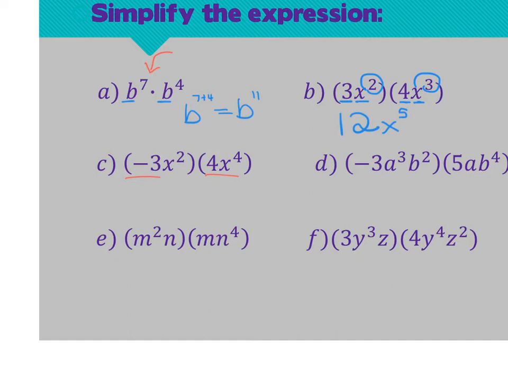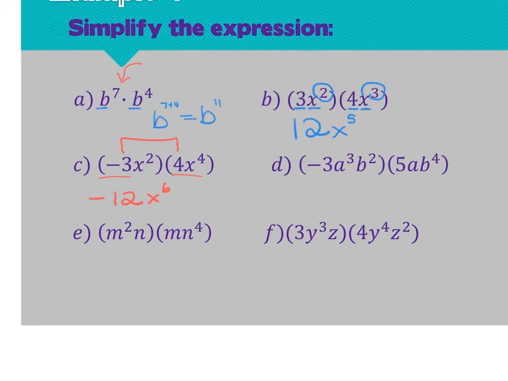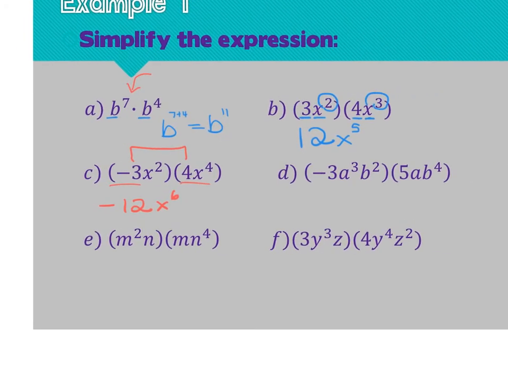All right, next one. Same idea. We're going to multiply the coefficients, so -3 times +4. A negative times a positive gives me -12. Then I'm going to add the exponents, 2 plus 4, and I get x to the 6th. Over here, I'm going to multiply the coefficients. -3 times +5 is -15.